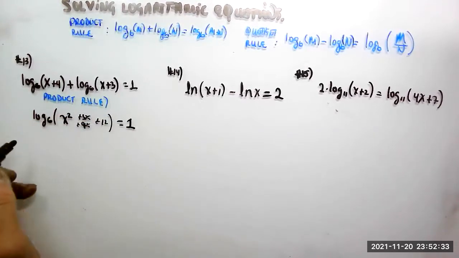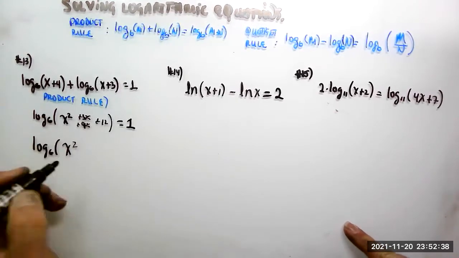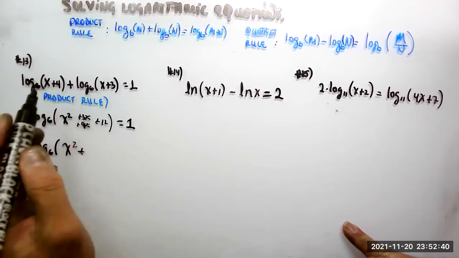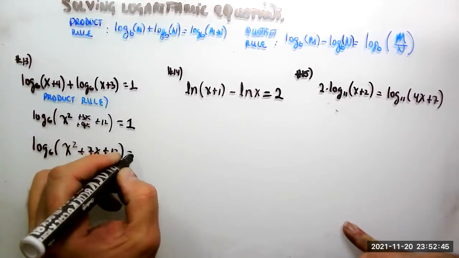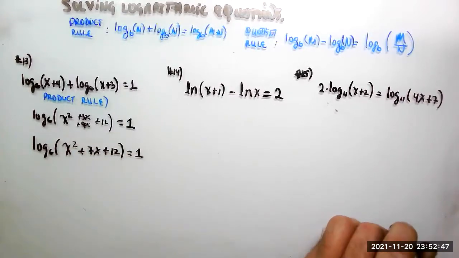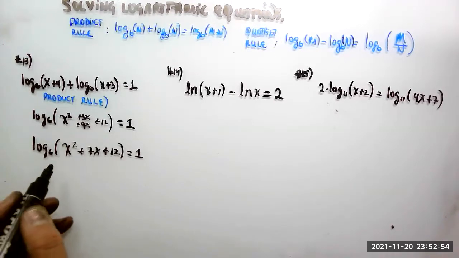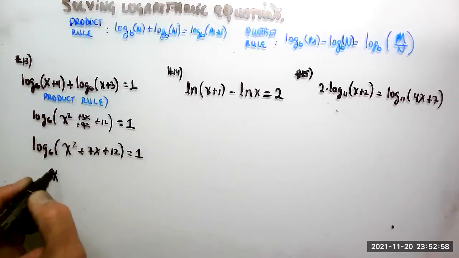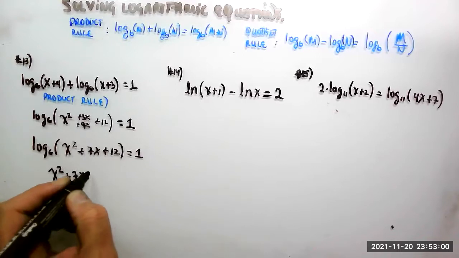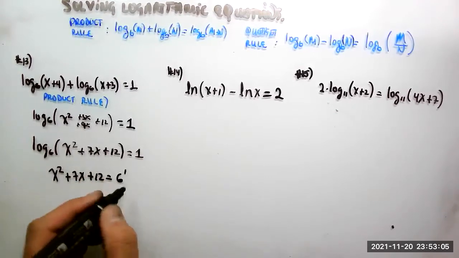If we combine like terms, we have log base 6 of x squared plus 7x plus 12 equals 1. Now we go to exponential. 6 raised to the 1 equals x squared plus 7x plus 12, and 6 to the 1 is obviously 6.